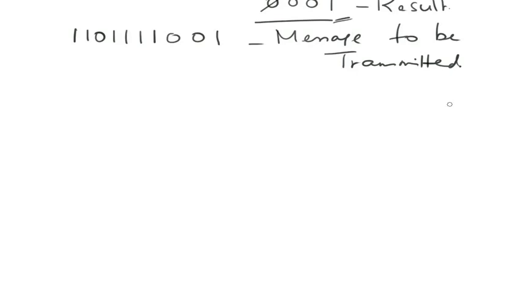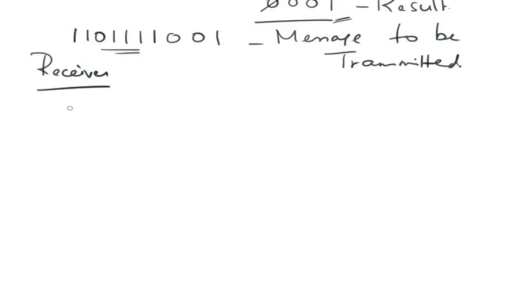So at the receiving end, what happens, we'll see now. What does the receiver do? This is the data which is coming to the receiver. Now the receiver will divide this given data again with the generator polynomial.